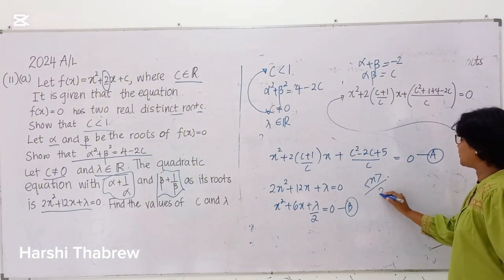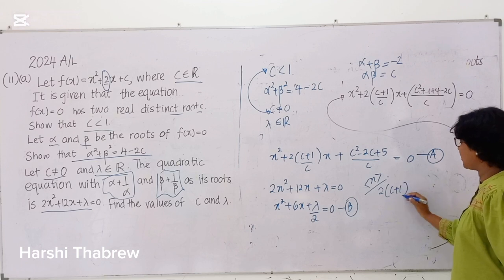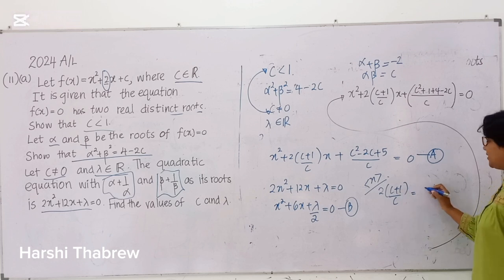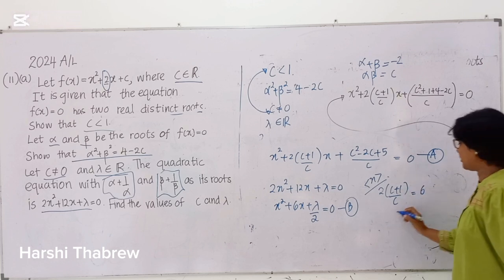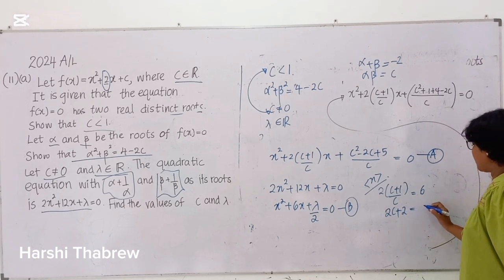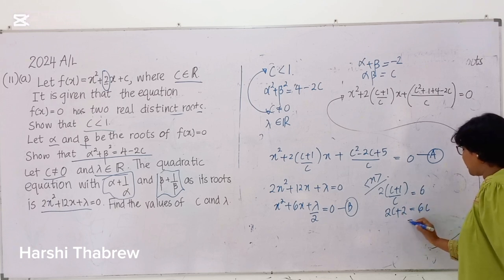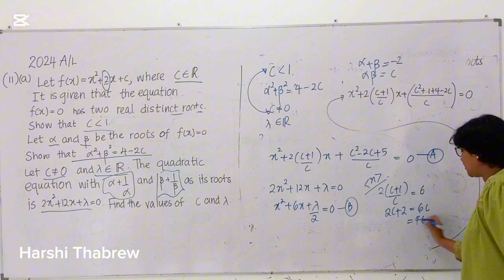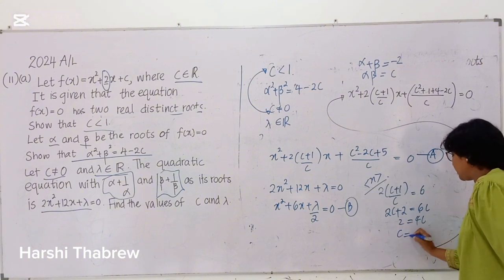It's equal to 2 times (c plus 1 over c) in equation A. So it's equal to 6. Cross multiply, 2c plus 2 equals 6c. So here you can carry over this 2c to this side. It's 4c equals 2. Therefore c equals half.